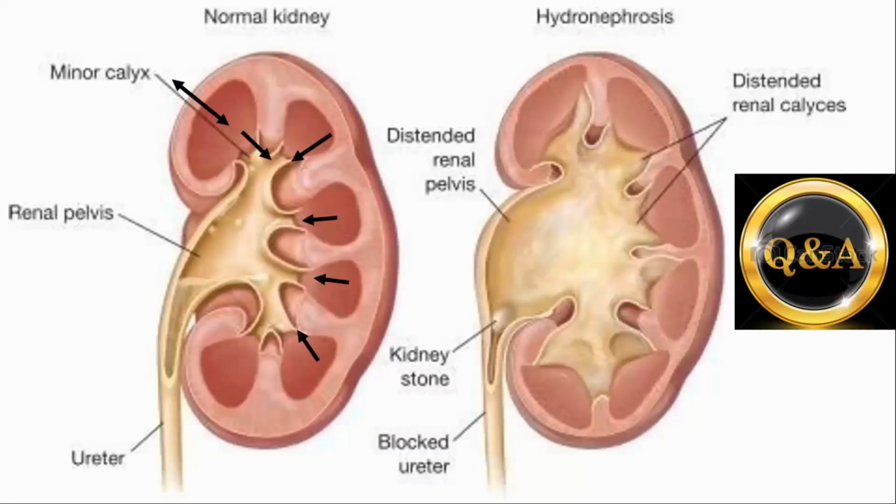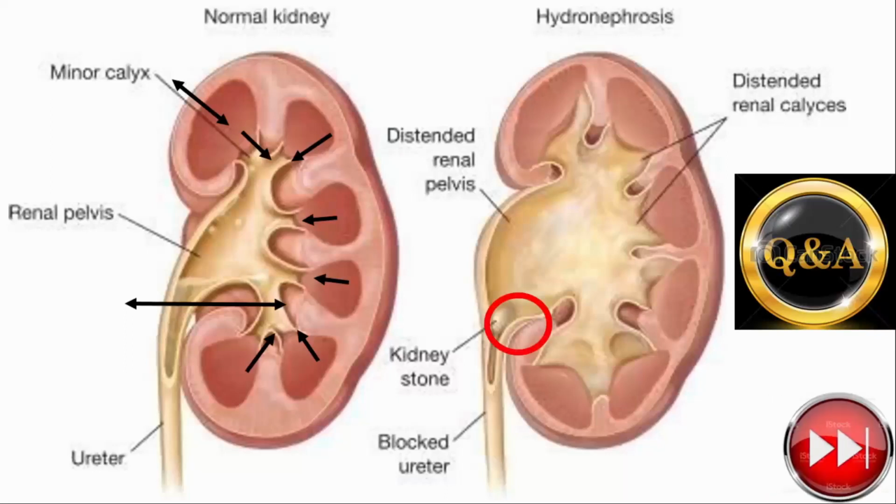Because it is related to the tip of the pyramid of the medulla, and this tip is called the papilla. Now, when you go to the right image, you will find that if there's a stone blocking the beginning of the ureter, then the whole system is going to dilate.